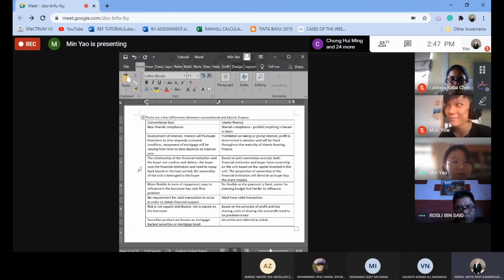And then transaction. For conventional loan, there is no requirement for a valid transaction to occur in order to obtain financial support. As for Islamic, it must have a valid transaction. Okay, this I think is for borrowing just money without any underlying product.